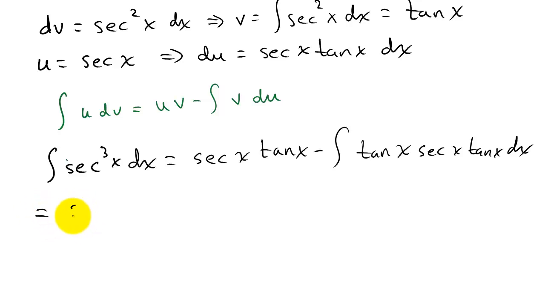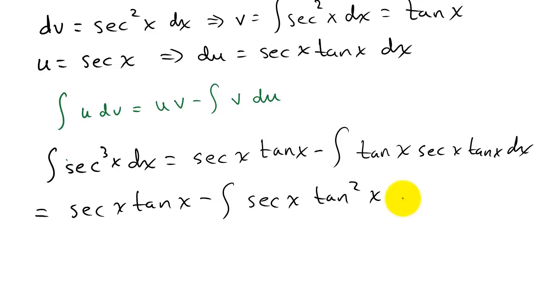And so this is going to be secant x tangent x minus the integral of secant x times tangent squared x dx. I just multiplied the tangent x together.